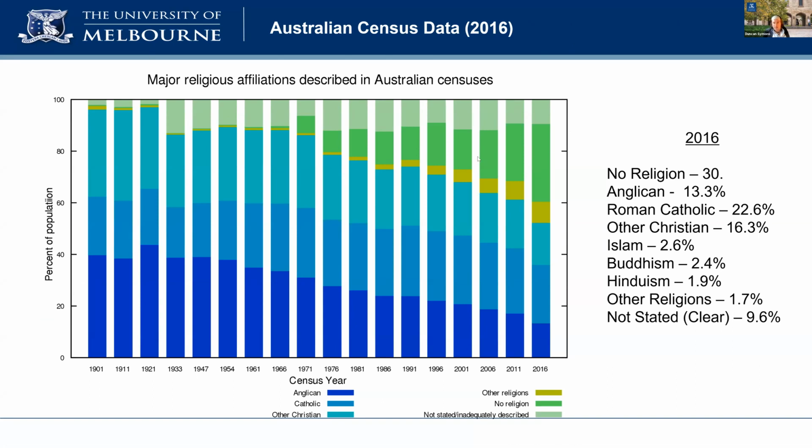If we look at this green bar here, back in 1954, there was barely anyone that was prepared to claim that they had no religion. And there we see in 2016 a large proportion, in fact 30%, believe that they don't have a religion. So I would suggest that there's a correlation between the increase in the number of people without a religion and the number of people who now believe in Darwinian evolution, that is evolution via natural selection.